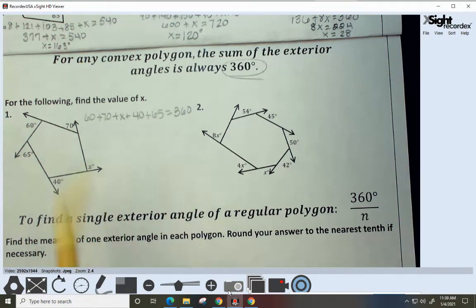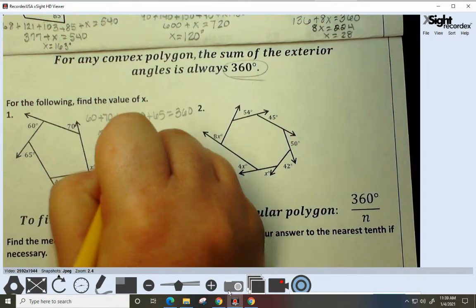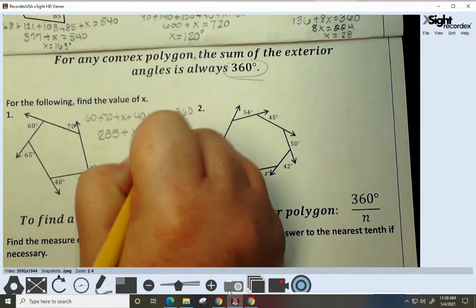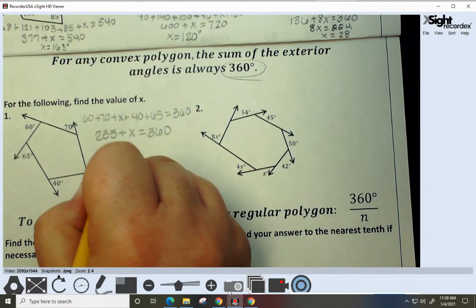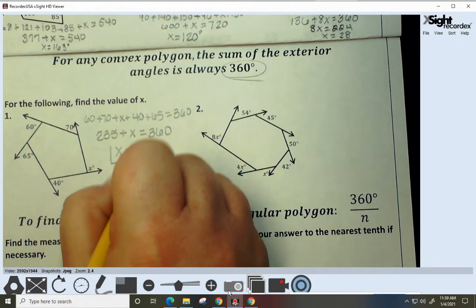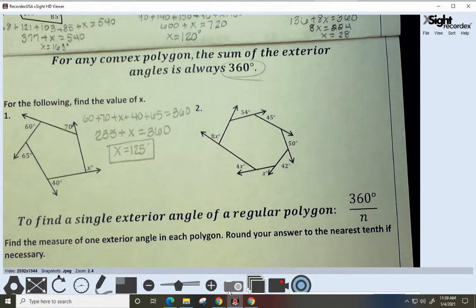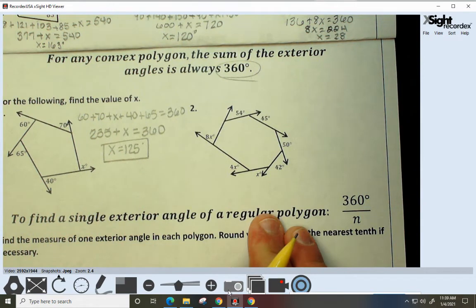So then I'm going to add my 60, my 70, my 40, and my 65, and I want to get 235 plus x is equal to 360. And I want to subtract my 235. So x is going to equal 125 degrees.